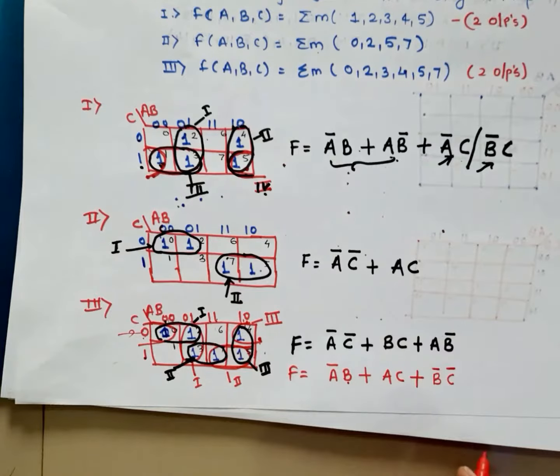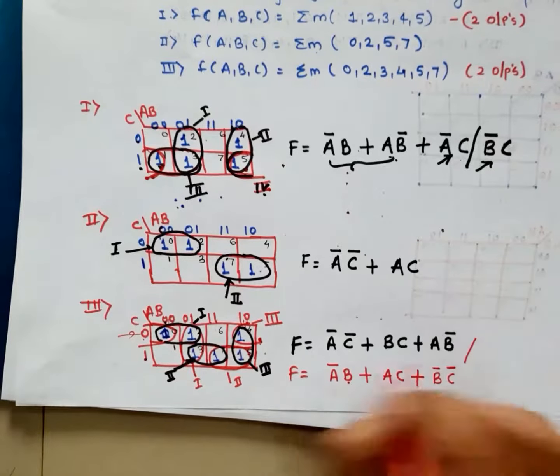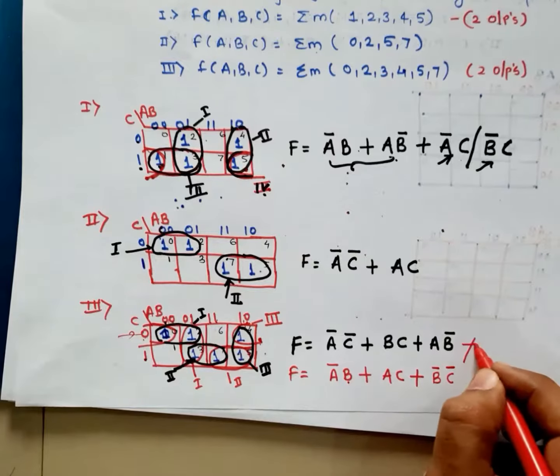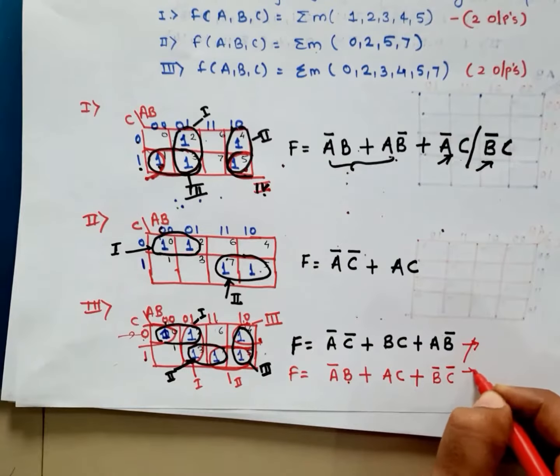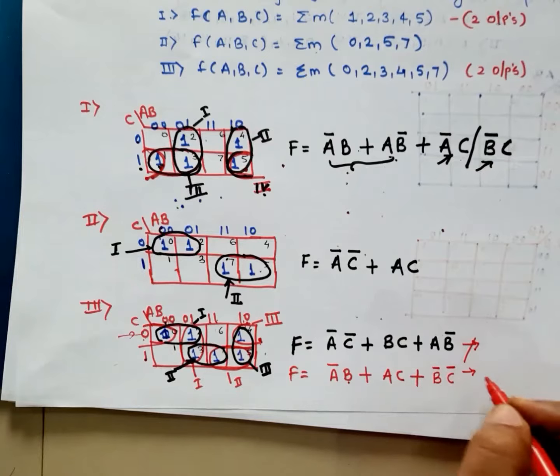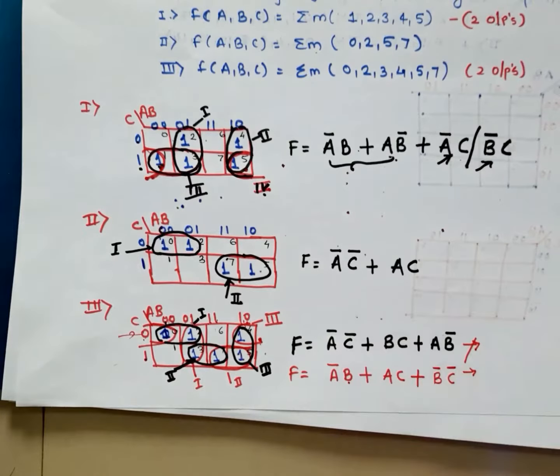Now these are the two output equations. Either you can consider these output equations or you can write down the other output equation. Both are valid. Such kinds of problems will be asked in a theory exam. Thank you.